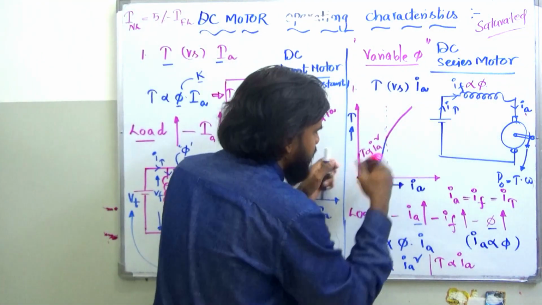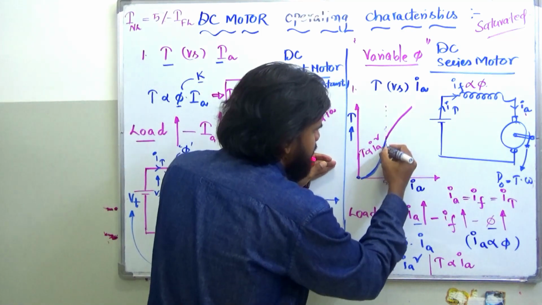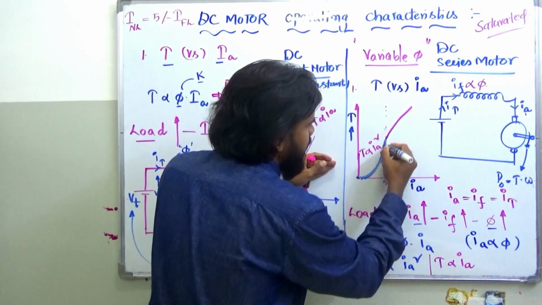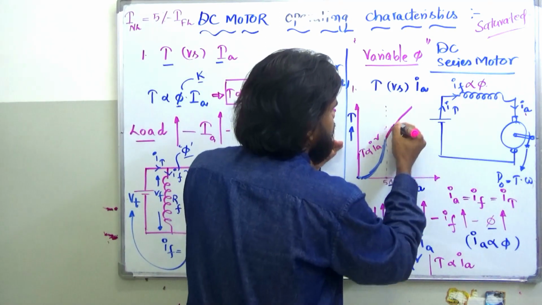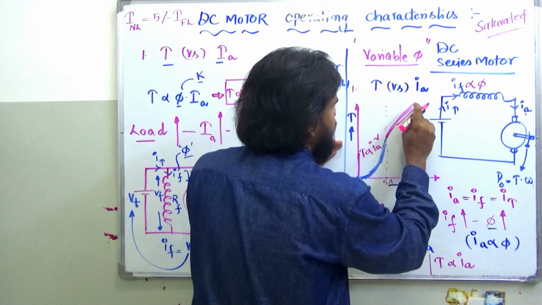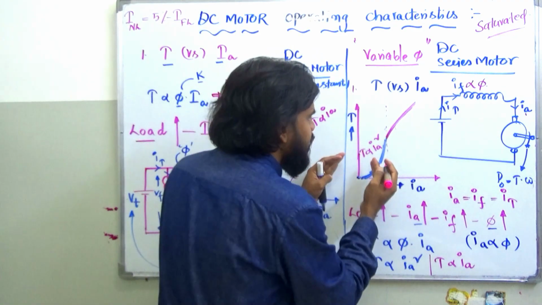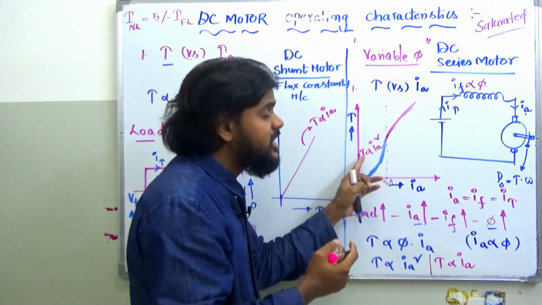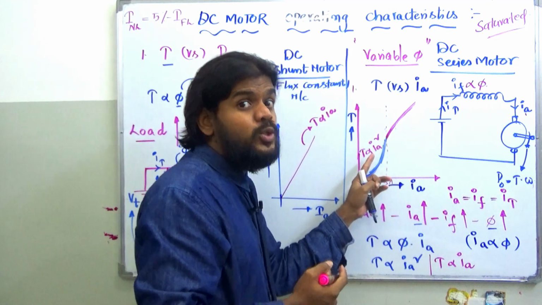Until this particular point, it will be like a hyperbolic function. A sudden steep rise will happen, but afterwards you have a straight line. So until saturation, the series motor will exhibit torque proportional to Ia square.